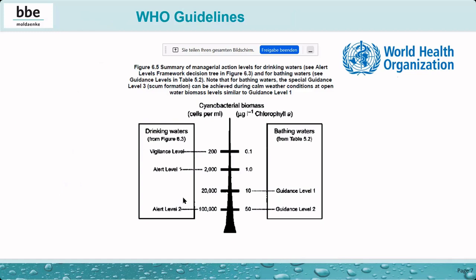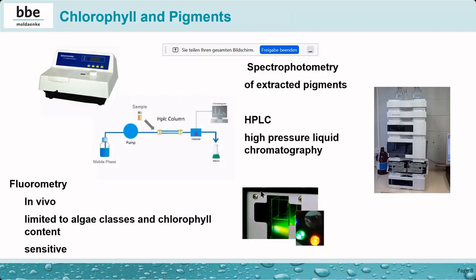So if we have, let's say, 10 microgram per liter of the cyanobacteria, then we can expect that we have 1 microgram of microcystin inside of this water as a toxin. This is just a rough number and it can vary, but just an idea how much it is.